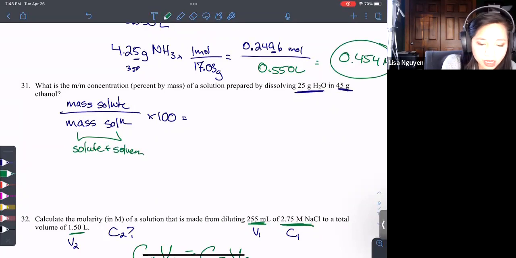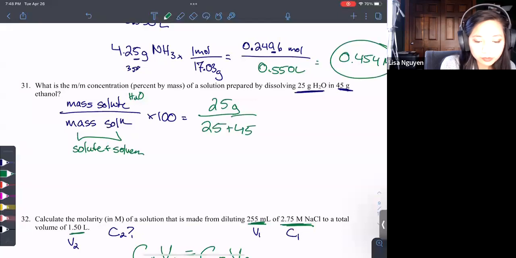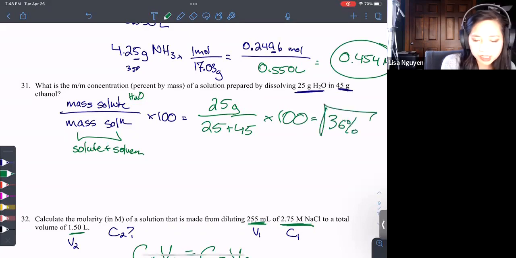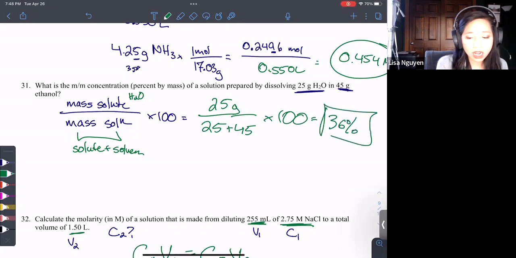So when you do this, mass of your solute, that's H2O because it's in the lesser amount, and ethanol is your solvent because there's more of it. So you're going to do 25 grams over 25 plus 45 in the denominator, and then times 100, whatever that is. What is it? 36%. Sorry, my key looks weird. I think I missed the box. So 36% mass over mass is your answer.